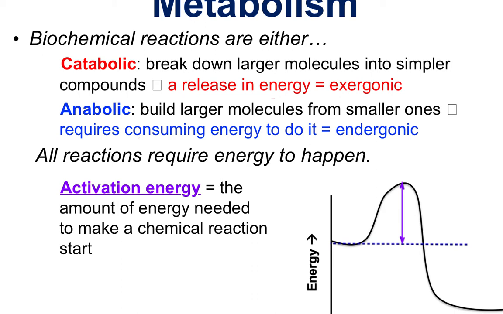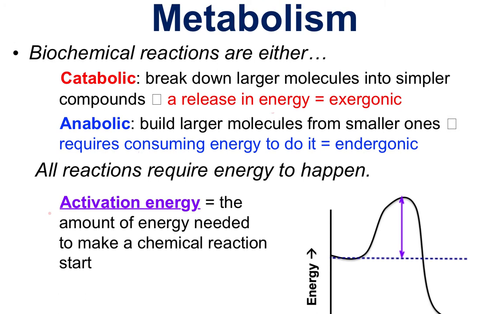Now, all reactions require energy in some format to happen, and that energy is measured as activation energy, which is the amount of energy needed to make the chemical reaction start. Activation energy is measured through a reaction process. In our graph here, energy is increasing this way, and the reaction's progress, time if you will, is that way.